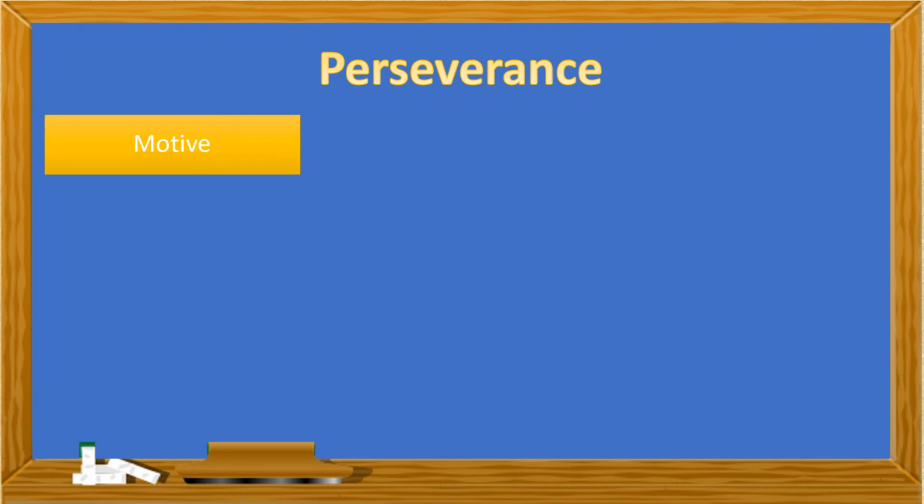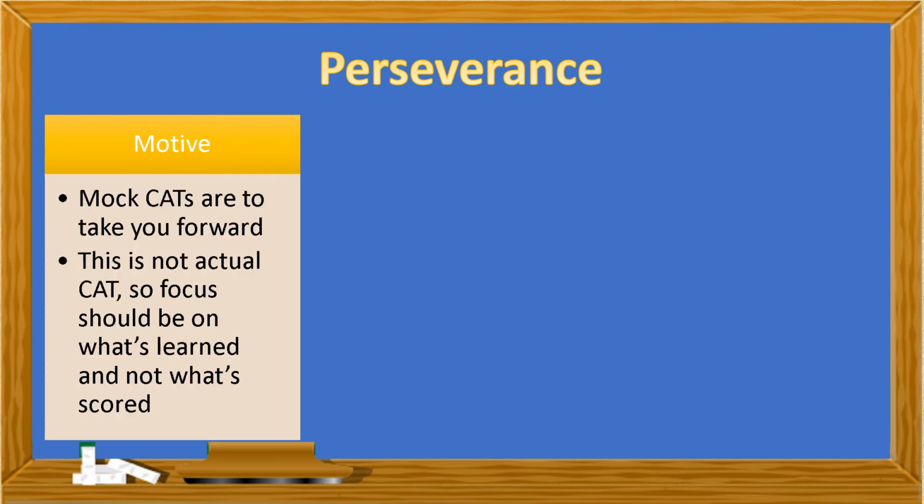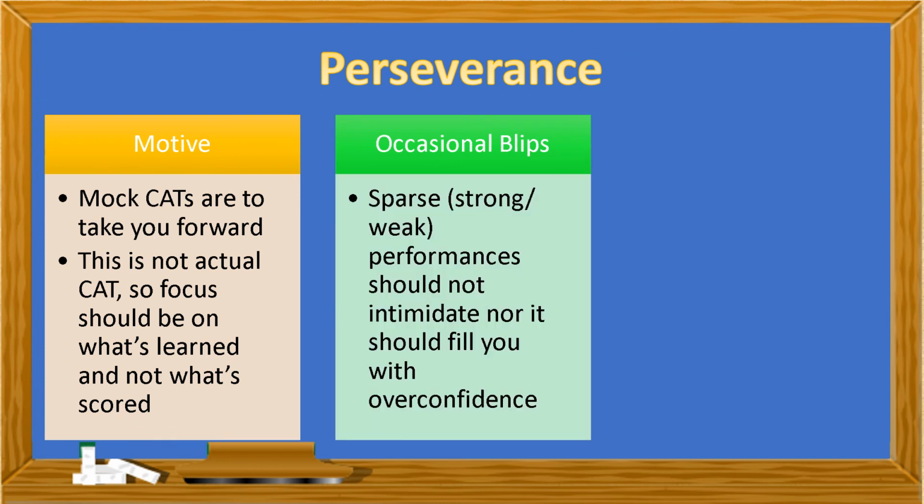Remember, the motive of a mock CAT examination is to take you forward. It is not an actual CAT, so the focus should be on what is learned and not on what is scored. There will be a few occasional blips. There will be some strong and weak performances, but that should neither intimidate you nor fill you with overconfidence.